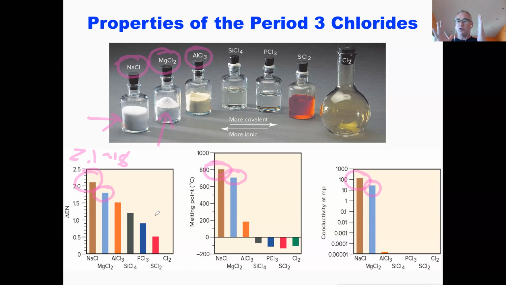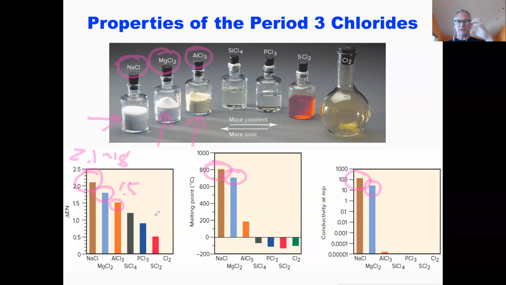The difference between aluminum and chlorine is now around 1.5. So it is now moving into polar covalent territory. And look at the difference in the structure. Notice how it looks like a powder now?